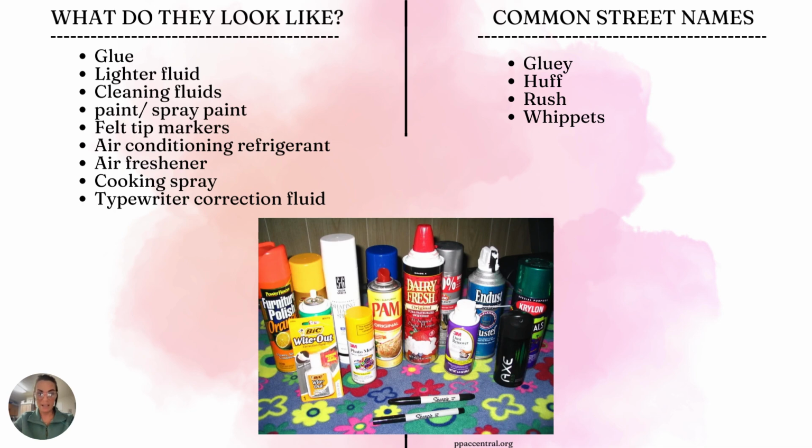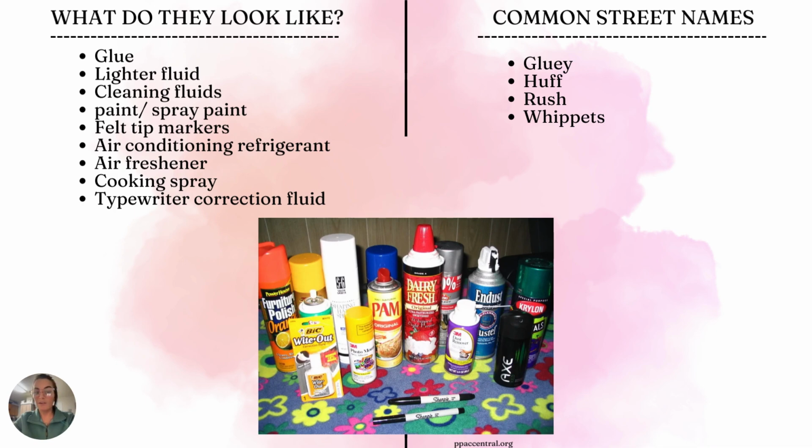So what do they look like? They look like everyday, normal household items that you would find under the kitchen sink. So these contain glue, lighter fluid, cleaning fluids, paint or spray paint, felt tip markers like highlighters or permanent markers, air conditioning refrigerant, air freshener, cooking spray, typewriter correction fluid.